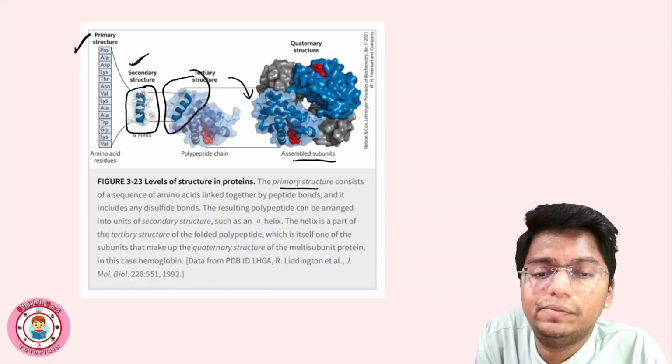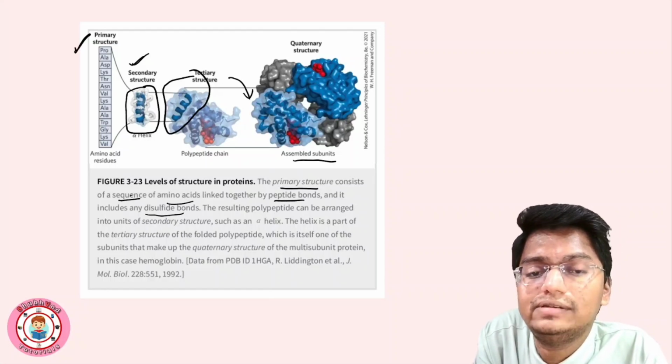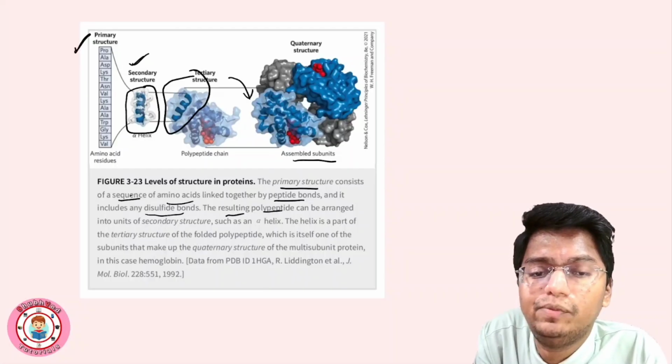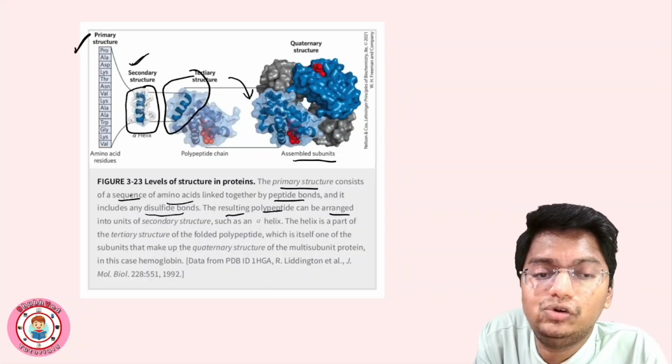So what happens in the primary structure? Sequence of amino acids linked together by peptide bond, and it includes any disulfide bonds as well. The resulting polypeptide can be arranged into units of secondary structure such as alpha helix.